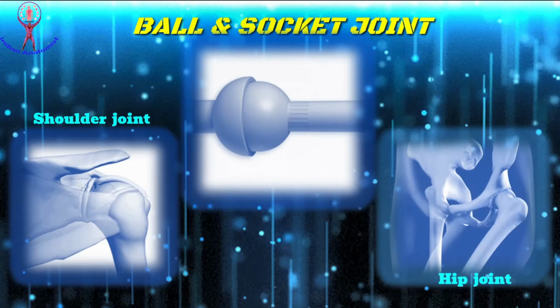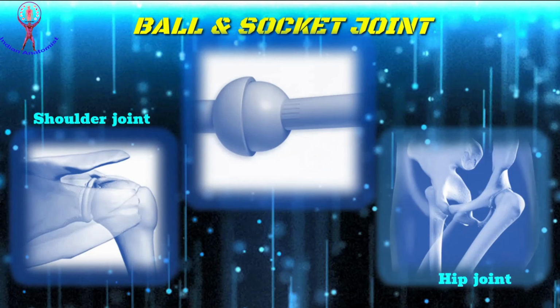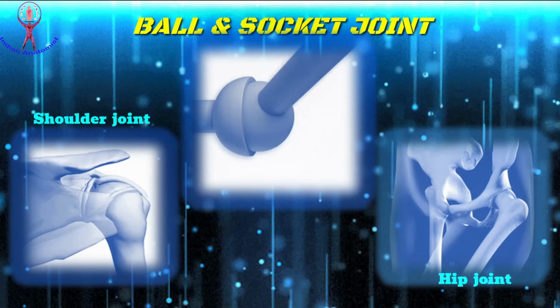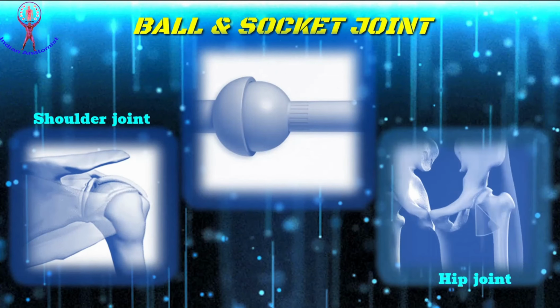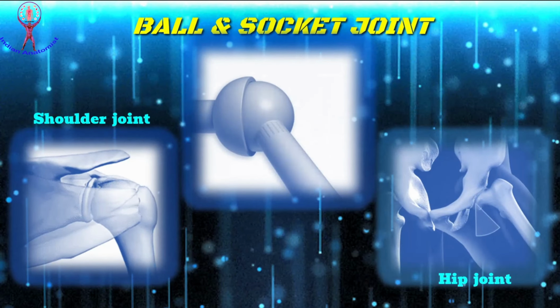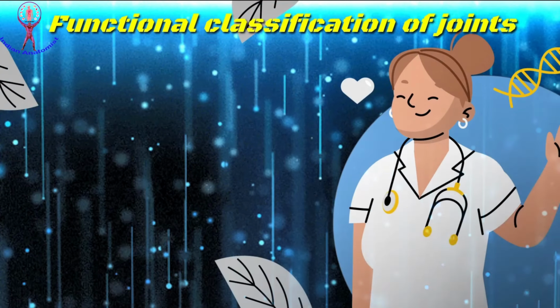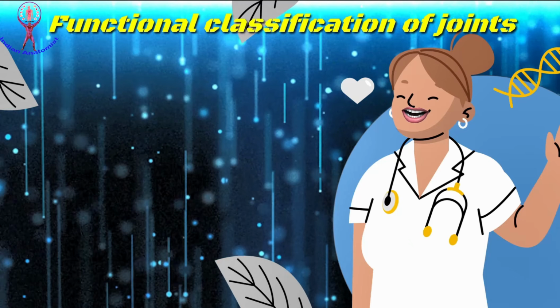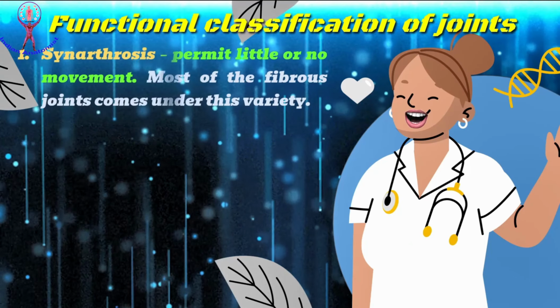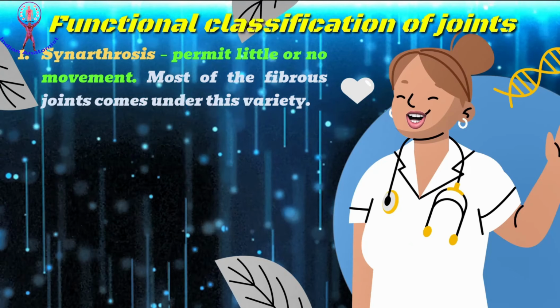Dear students, with this we are completing the structural classification of joints. Two more classifications are left. So, I am going to discuss with this to you. Please stay back. Let me discuss the functional classification of joints. Functionally, the joints are classified into 1.